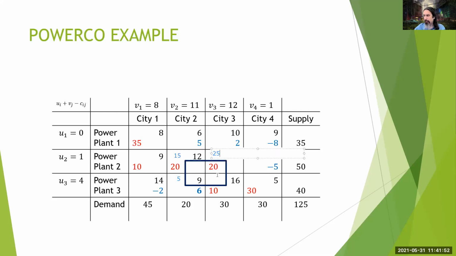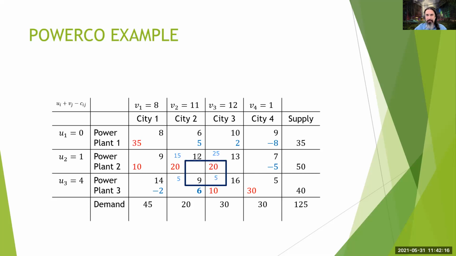This one becomes 25. And this one becomes 5 as well. Now, 10 plus 15 plus 25, well, 50, no problems. 5, 15, 0, that's 20, no problems over here. 25 plus 5 is 30, no problems over here.